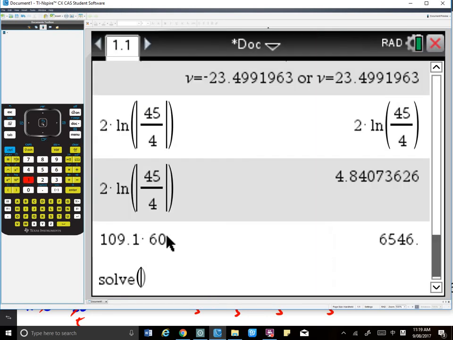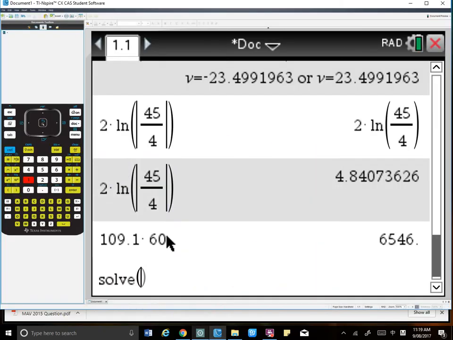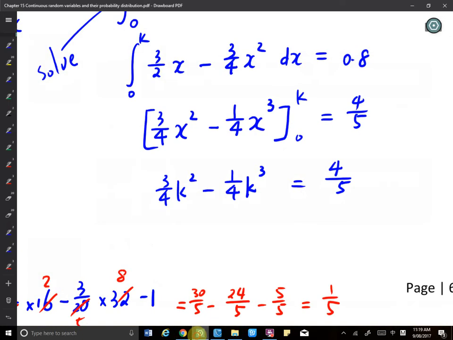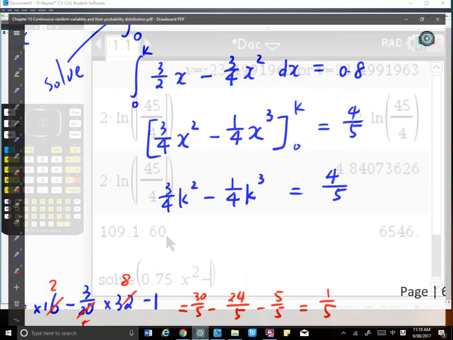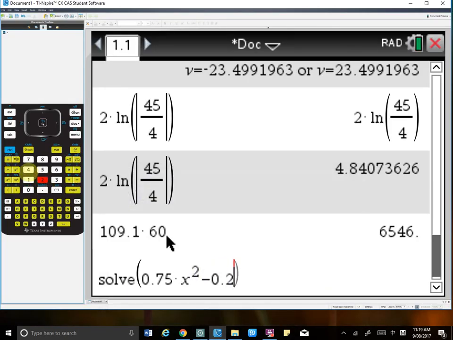Menu 3, 1, 3 on 4, like 0.75 times x squared minus 0.25 times x cubed equals 0.8, comma x.